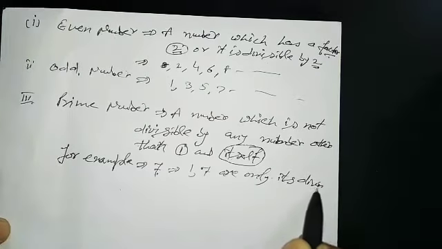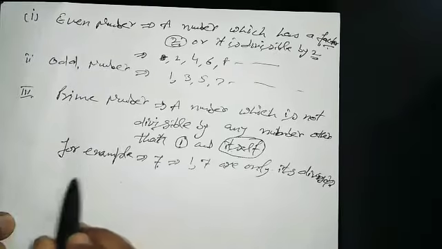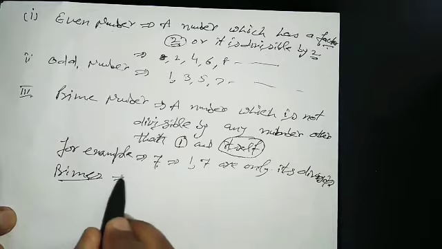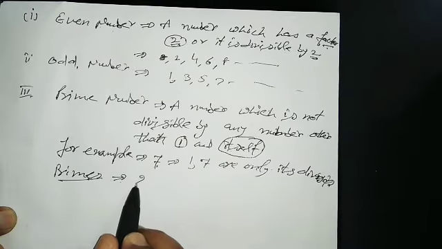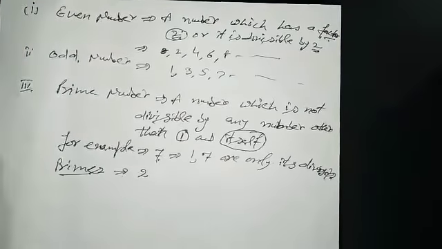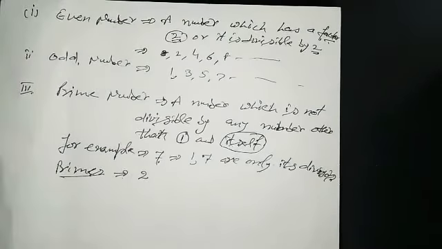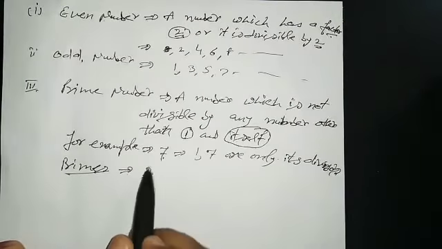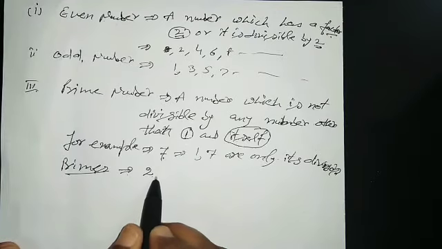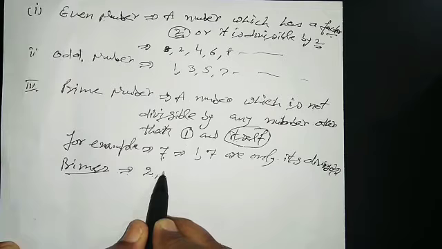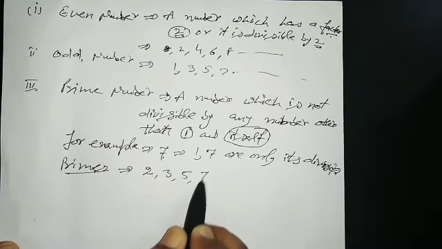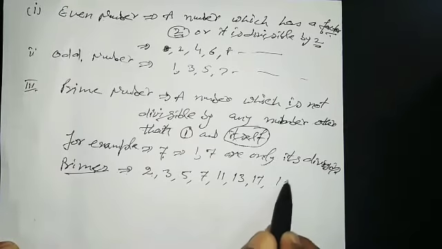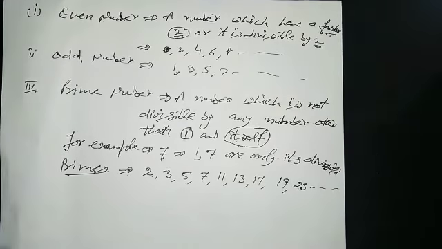Okay, so prime numbers start from 2. Do you know 1 is not a prime number? So do remember that prime numbers start from 2, not 1. 2, 3, 5, 7, 11, 13, 17, 19, 23 and so on.